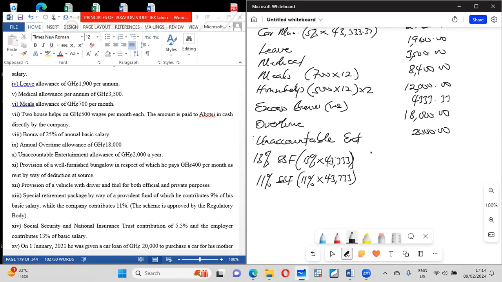So 11 of that is giving me 47. So the 11 is giving me 4766.67. Then this one is giving me 5633.33. So now let's combine all and have the total cash emolument.